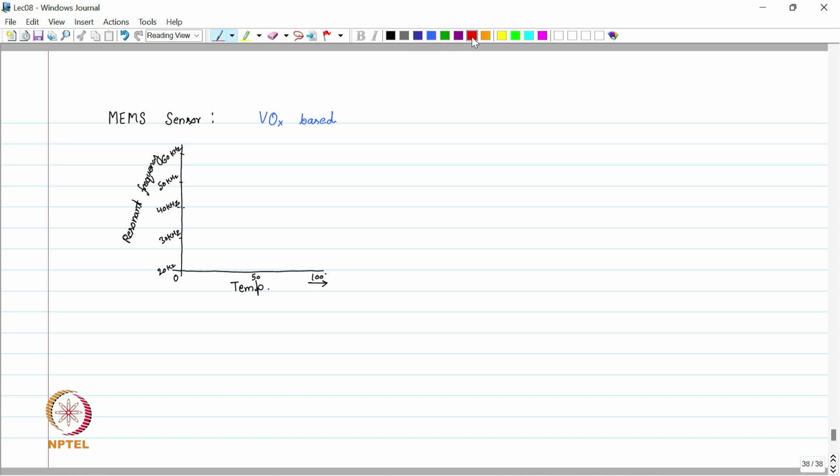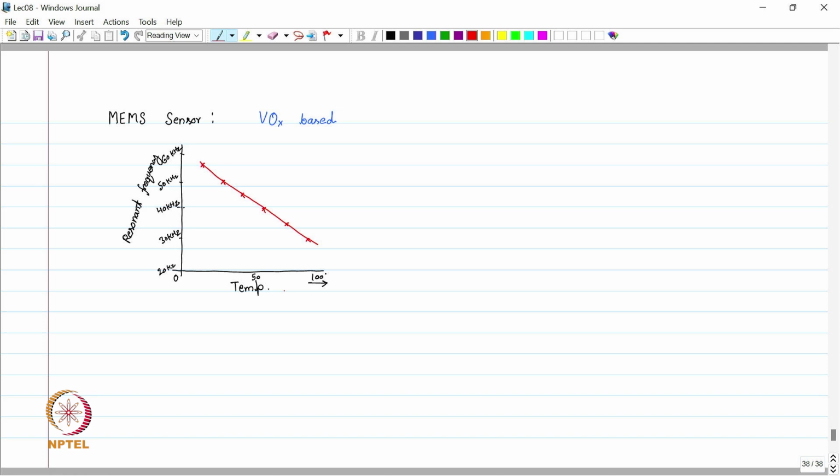The resonant frequency is now going to change, and for the fabricated device which is based on vanadium oxide, the graph looks something like this, which is a fairly linear graph with change in the temperature.